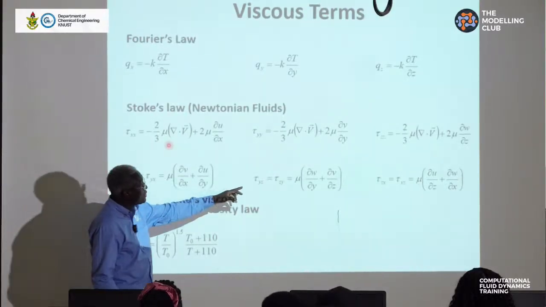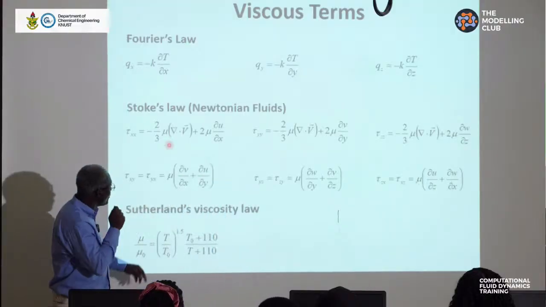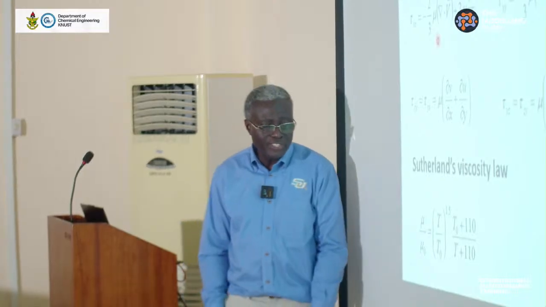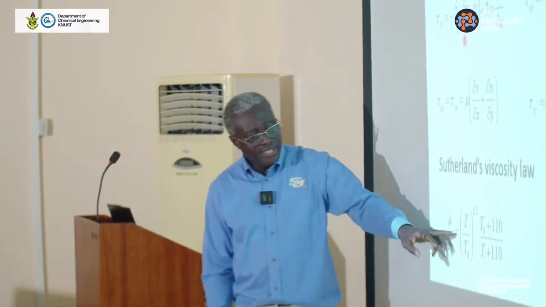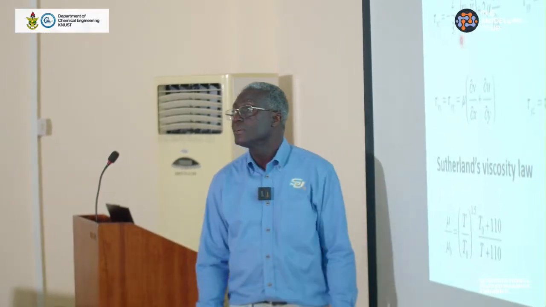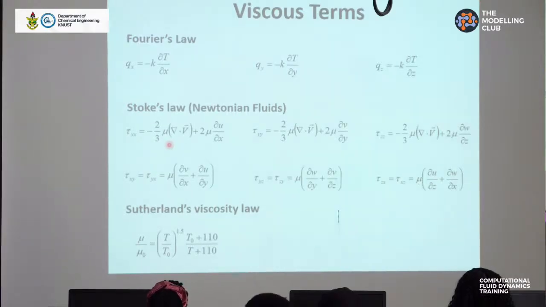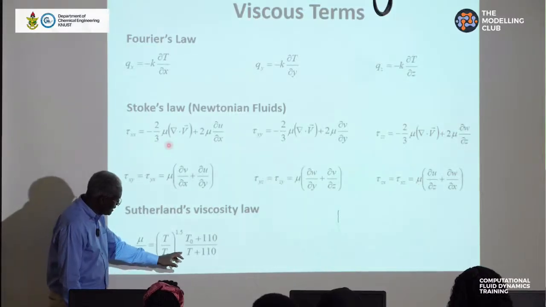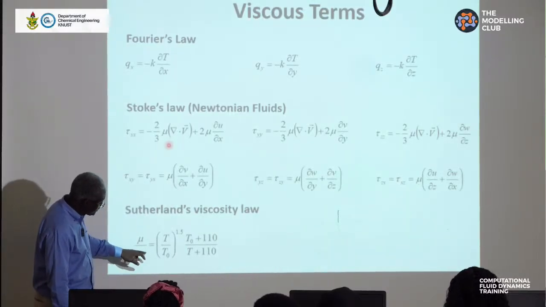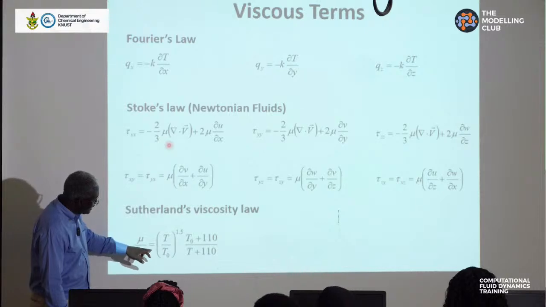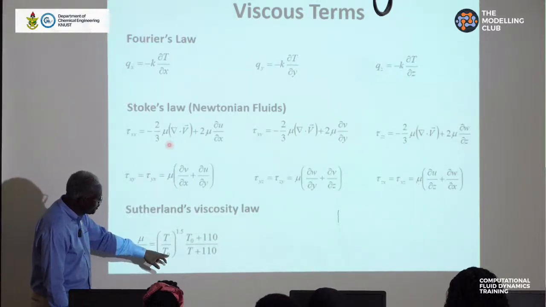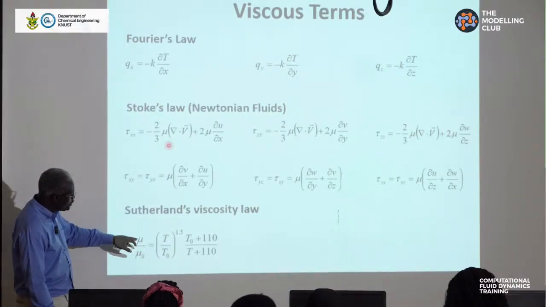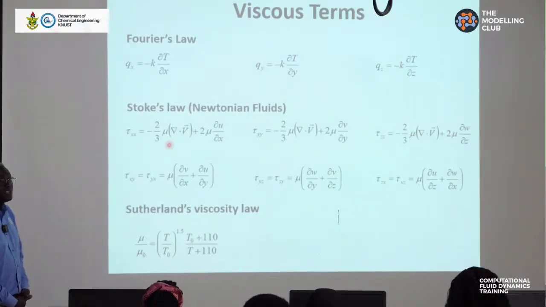We see viscosity here, and so the question is, what do I use for viscosity? Well, Sutherland gives us a viscosity law saying that the viscosity is a function of temperature. So given a viscosity at a reference temperature T0, once you vary that temperature, you should be able to calculate the viscosity of the fluid.